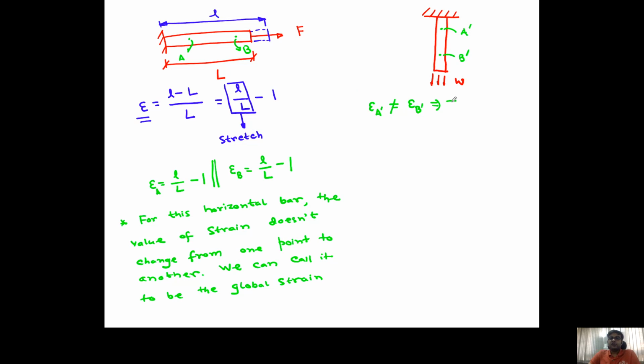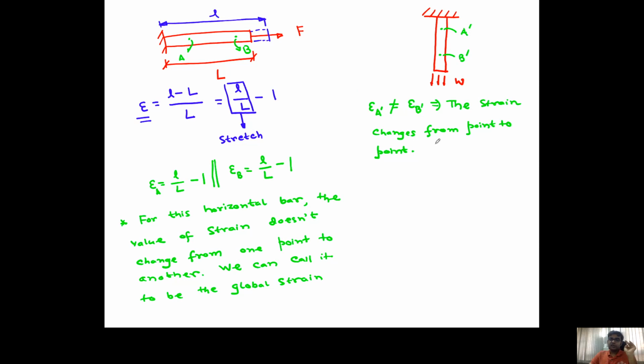So this means the strain changes from point to point. This means that the strain changes from one point to the other. And what does it mean?